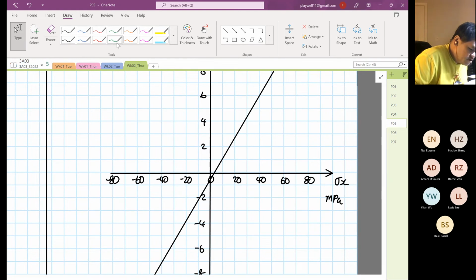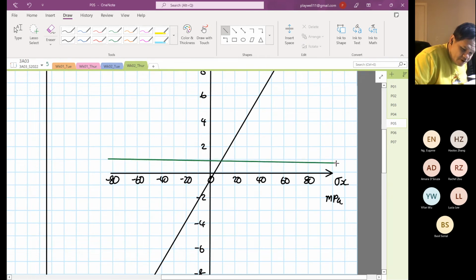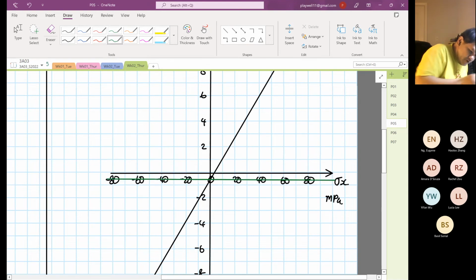And from the sketch that we have done, we know that the centroid is down here. Oh, sorry, the neutral axis. So this is the position of our neutral axis, and over here, this is our centroid.